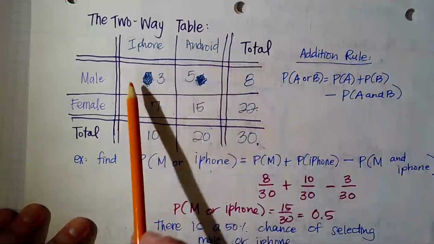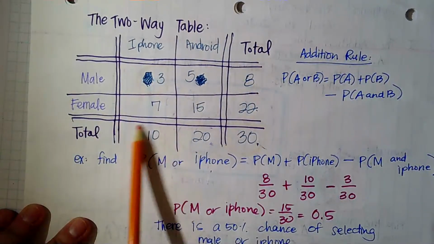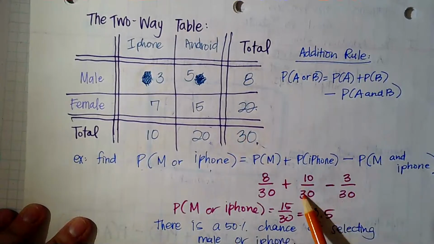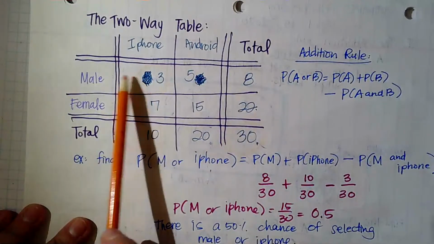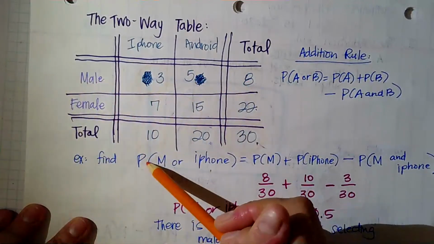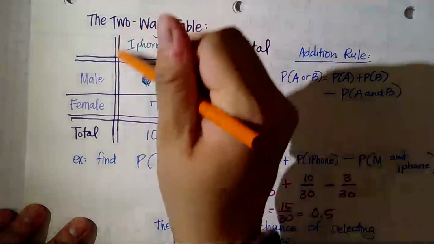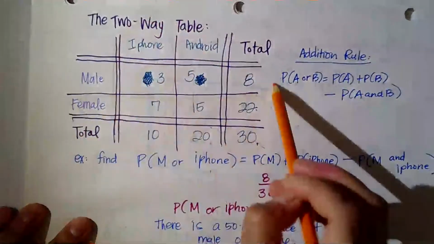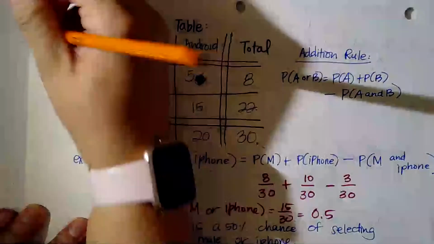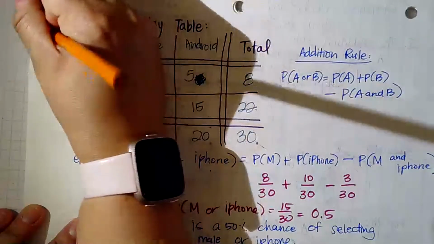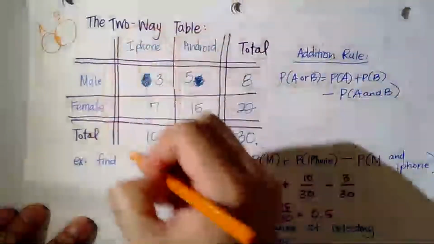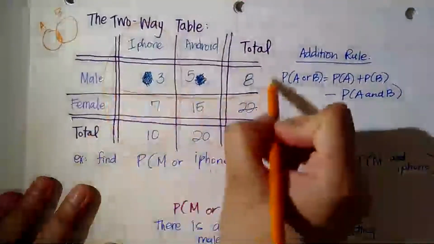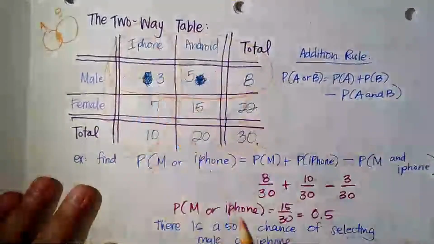Probability of being an iPhone user: how many iPhone users did I have in total? 10 out of 30. How many of those people were both male and iPhone users? So I look at where these two intersect. This was my iPhone users right here. This was my males. If you remember that Venn diagram that I drew, that's A, B, and here's that common space. There's A, and there's B. Remember, this is the commonality.